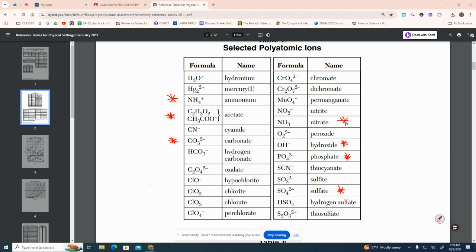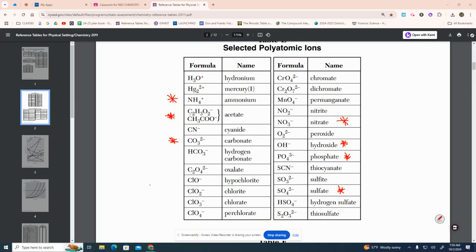So, in order to practice learning the names of these guys, we are going to play Yahtzee. And I made dice a couple years ago. Please be careful with my dice. And you're going to see on the dice, there's 6 sides for a die. You're going to see the formulas for these polyatomic ions.